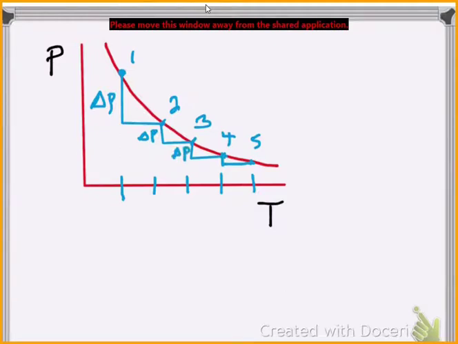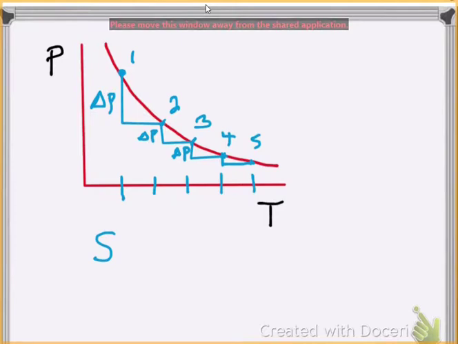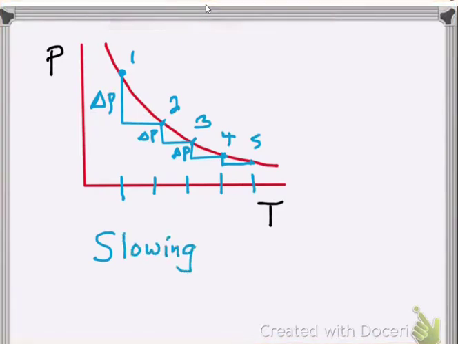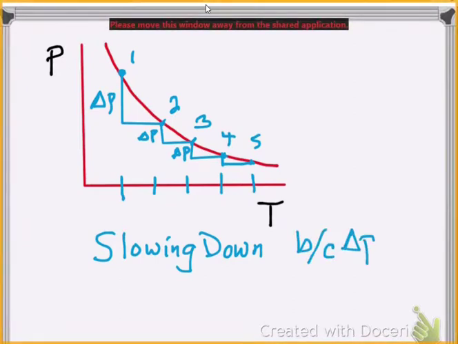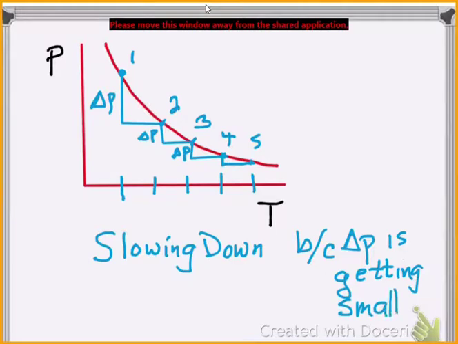And then the next delta P is getting even smaller. So since the delta P's are getting smaller, that means that the object is slowing down. And we can say that that's because delta P is getting smaller. Okay, so it's slowing down.